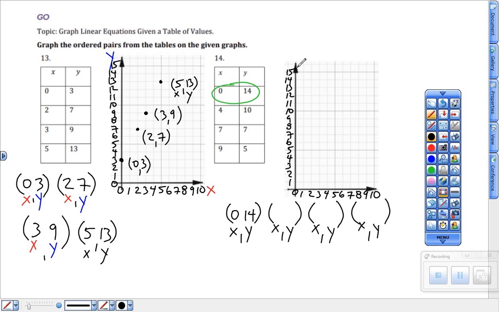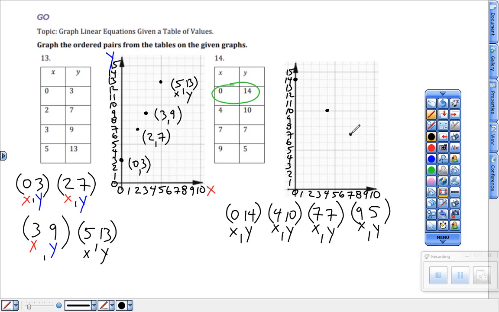So when I plot them, 0, 14, 4, 10, 7, 7, 9, 5. 0 for X, 14 for Y. 4, 10, right 4, up 10. 7, 7, right 7, up 7.